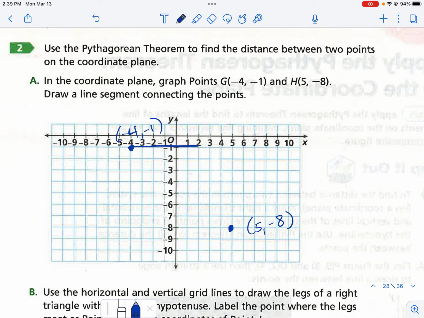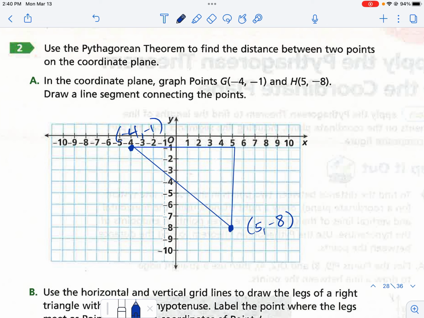So I'm going to go over here, and then I'm going to go down here. And that's a little off. Sorry about that. Those are both really off, so let me do a better job. That's a little bit better.